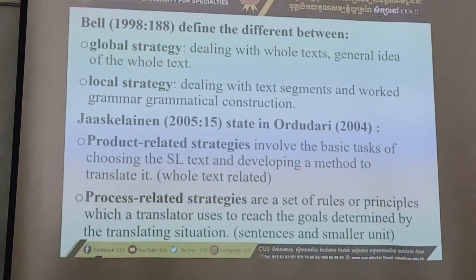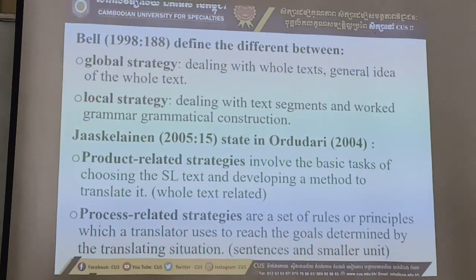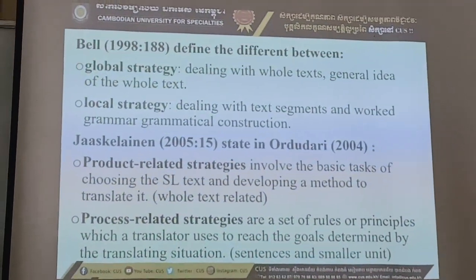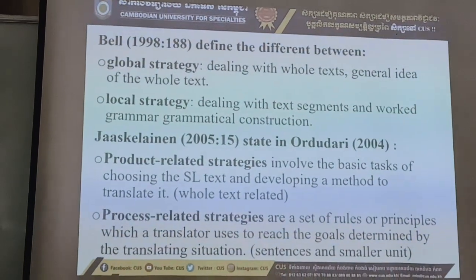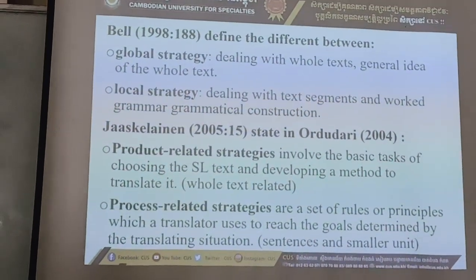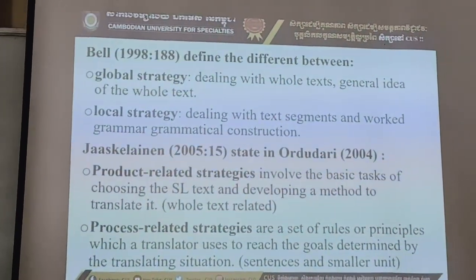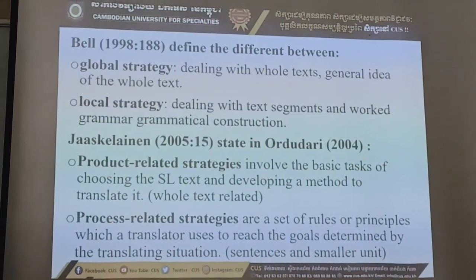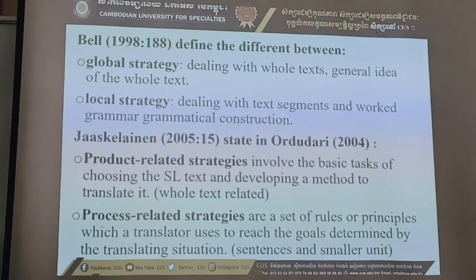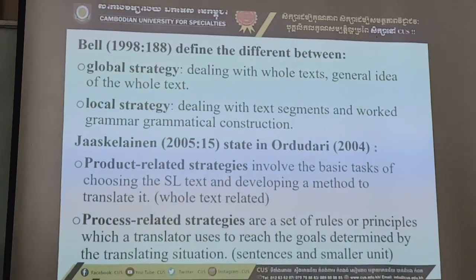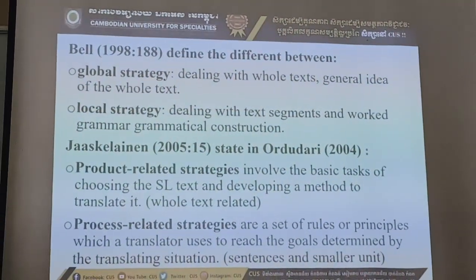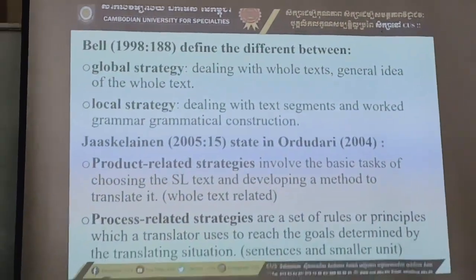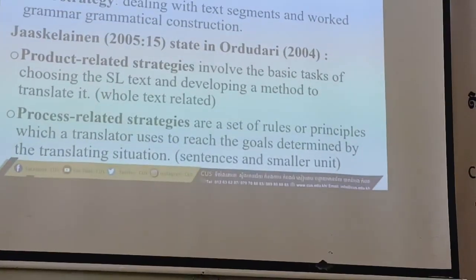According to Jack Lennon, 2005, he stated in the book that there are another two strategies. So Bell and Lennon have different strategies. First he called it a product-related strategy, which involves the basic choosing of the source language text and developing a method to translate.